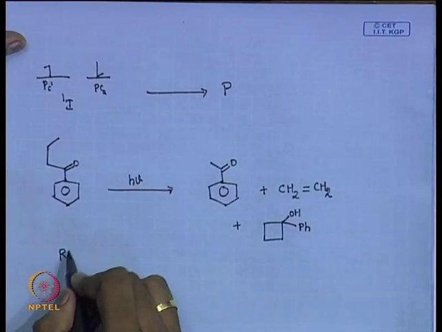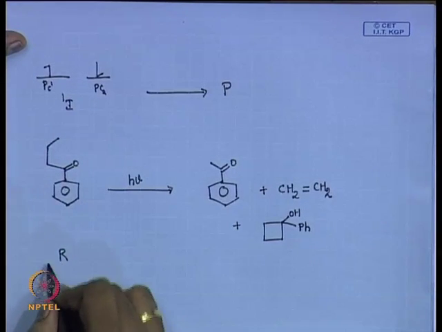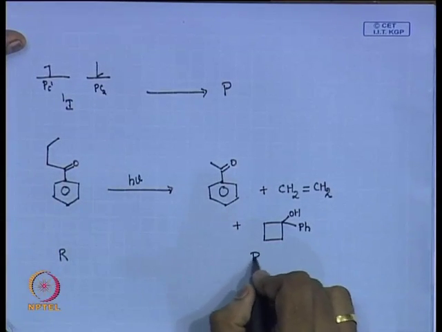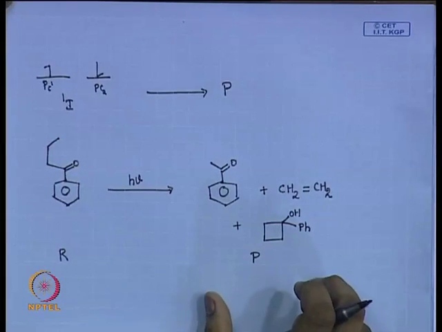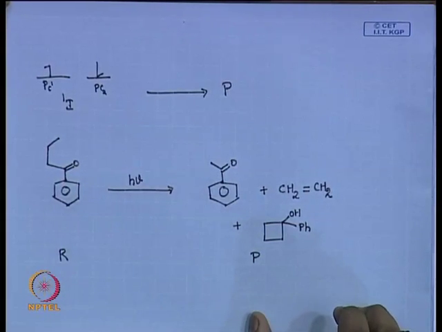Like what we said, you have an R star, you have an R, this is your ground state R, and you have your ground state P. So, this is the first we started our class. We said that this will be your simplest representation of your photochemistry. If I want to see in a big idea how this R is converted, then we can write the same reactions like this.